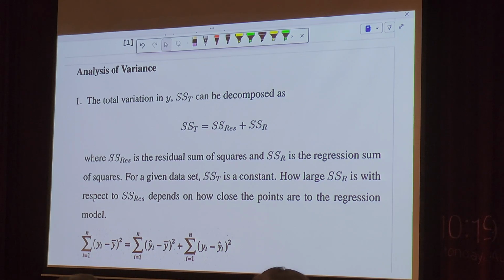So, let's say you measure y1, x1, y2, x2, and so on. Let's say you measure all this.